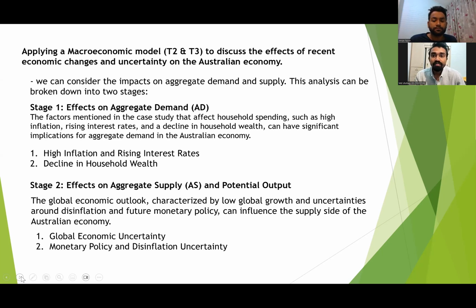First is high inflation and rising interest rates. High inflation and rising interest rates lead to a decrease in consumer spending, and households have reduced real disposable income. In the macroeconomic model, increases in interest rates and inflation would cause a shift to the left of the aggregate demand curve.